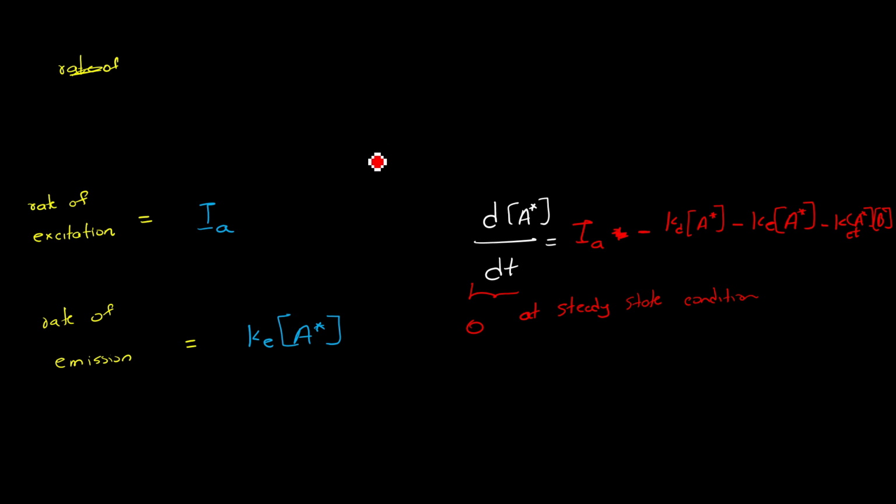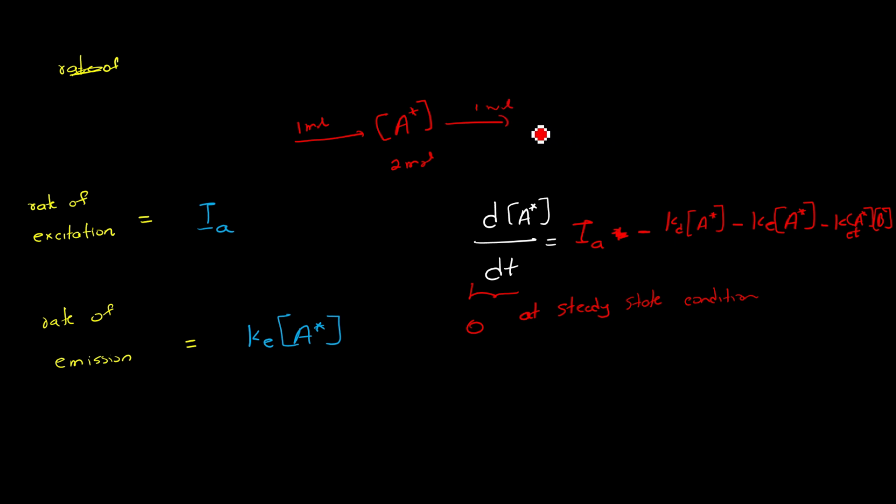Let me explain it like this. Let's say there are 2 moles of A star in our mixture. For every 1 second, 1 mole of A star is forming and 1 mole of A star is diminishing.